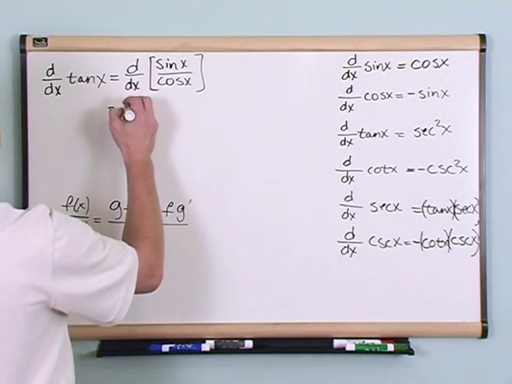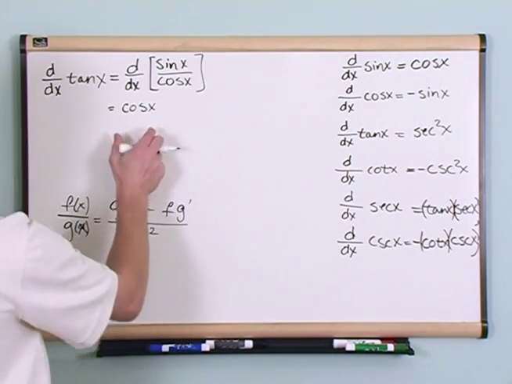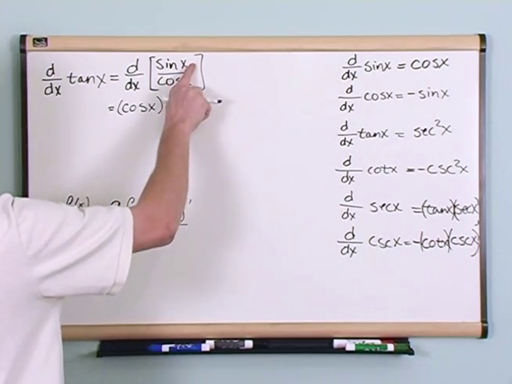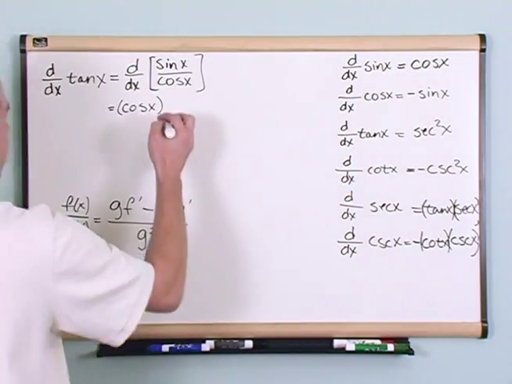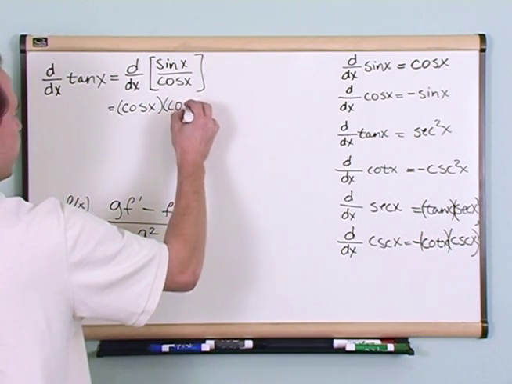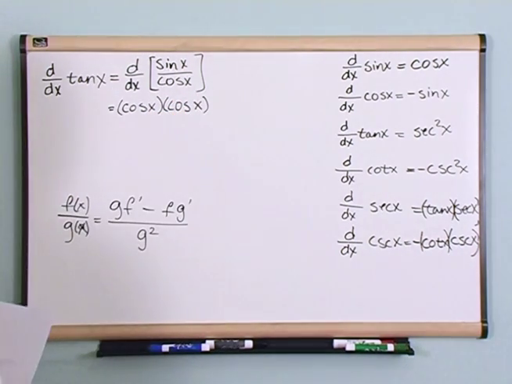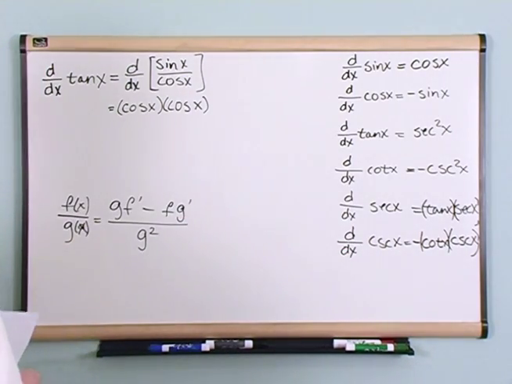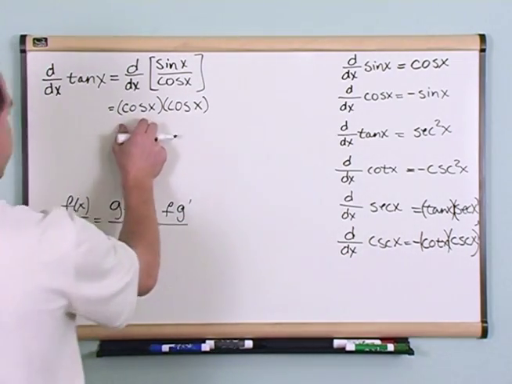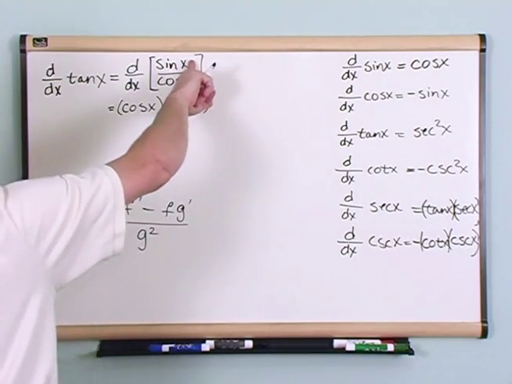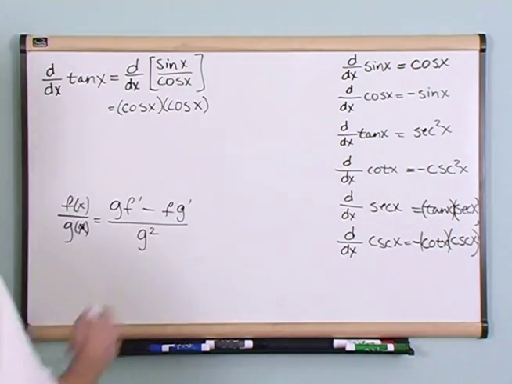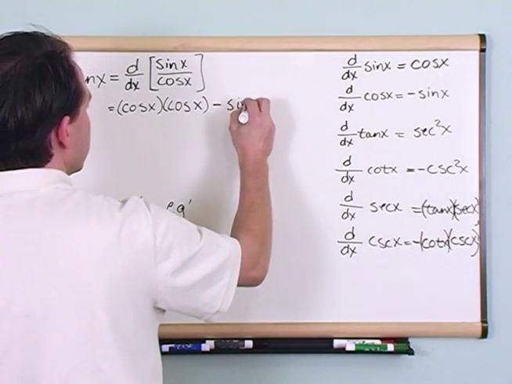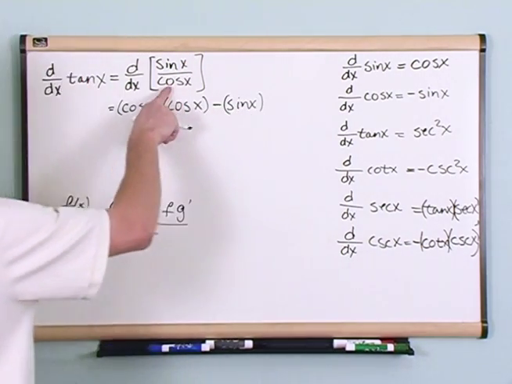The bottom is cosine, okay, times the derivative of the top. So the derivative of sine is cosine. Okay, you're just going to have to believe me there and use some of the identities that are given and laid out before you. Bottom times the derivative of the top. Derivative of the top is cosine, minus the top, which is sine of x, times the derivative of the bottom.